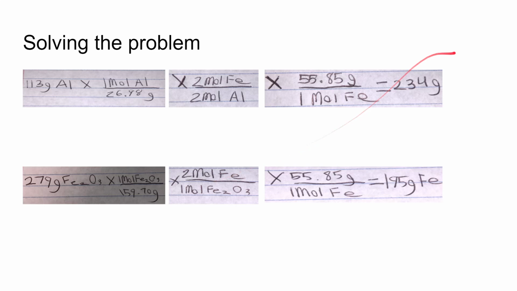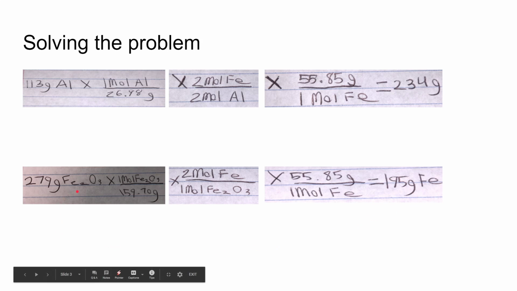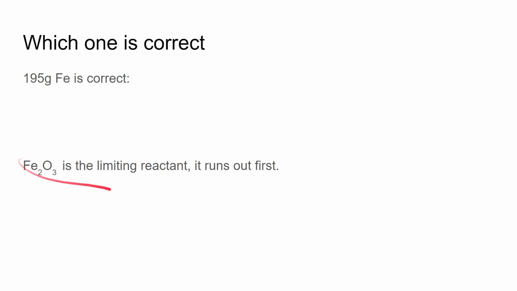If you were to say that 234 grams of iron is correct, you are forgetting that iron oxide would run out before it achieves this amount of iron. It could only be 195 because iron oxide is still present before going over 195. That's why it would have to be 195.